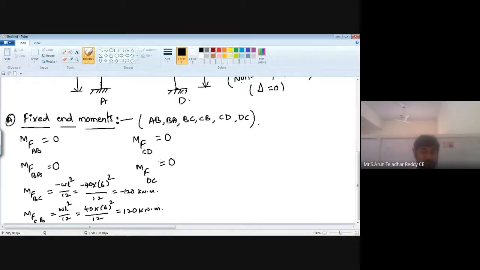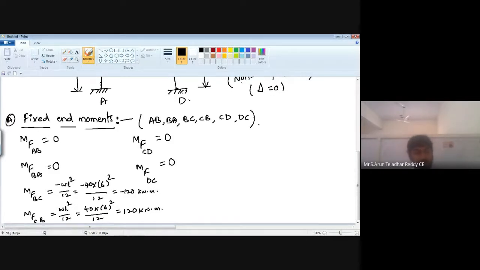Suppose if there is any load acting, I have formulas. But there is no load; without load, how can I substitute the given formulas? So MFAB is 0, MFBA is 0, MFCD is 0, MFDC is 0. But we have only the fixed end moments for MFBC as well as MFCB. Why? Because the BC span as well as CB span have uniformly distributed load.